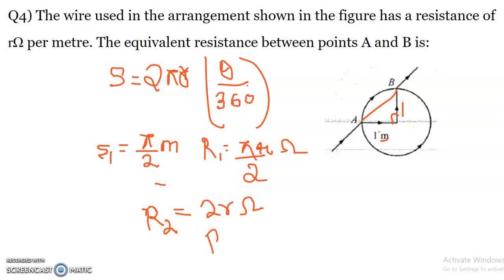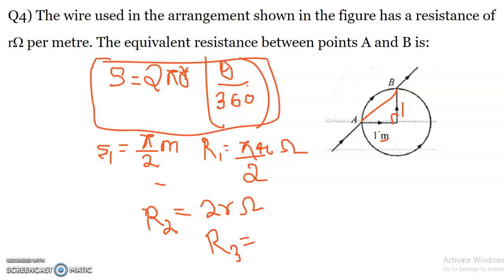And now the resistance for the major arc, which will be given by simply using this formula again, okay, 2 pi R times theta by 360. Now for theta, we are going to take it as 360 minus theta in the numerator, because the angle for the major arc will be this angle now.